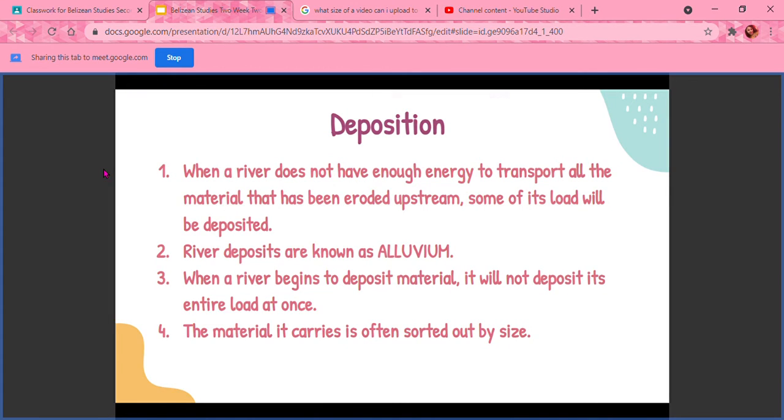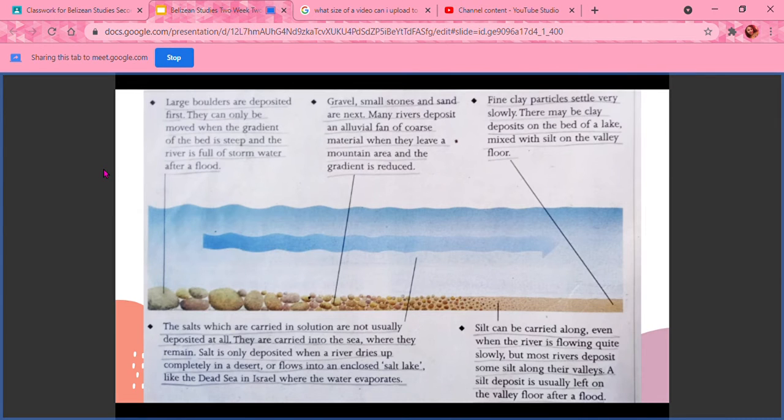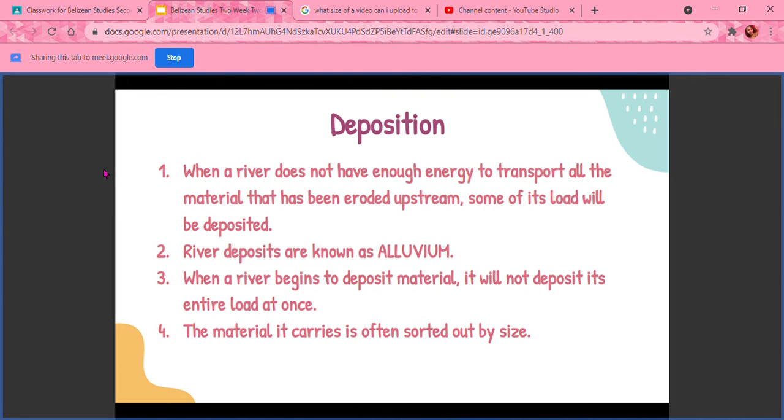And then the last one we have is deposition. Deposition is basically when you have the erosion happening and the transportation happening, and at some point the river is no longer strong enough to continue carrying all of these things.